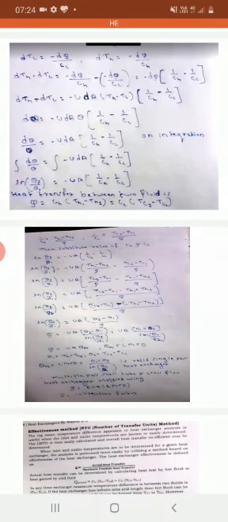Therefore, the heat transfer through the counterflow heat exchanger is Q = U A (theta 2 - theta 1)/ln(theta 2/theta 1). Similarly, U A (theta 1 - theta 2)/ln(theta 1/theta 2).